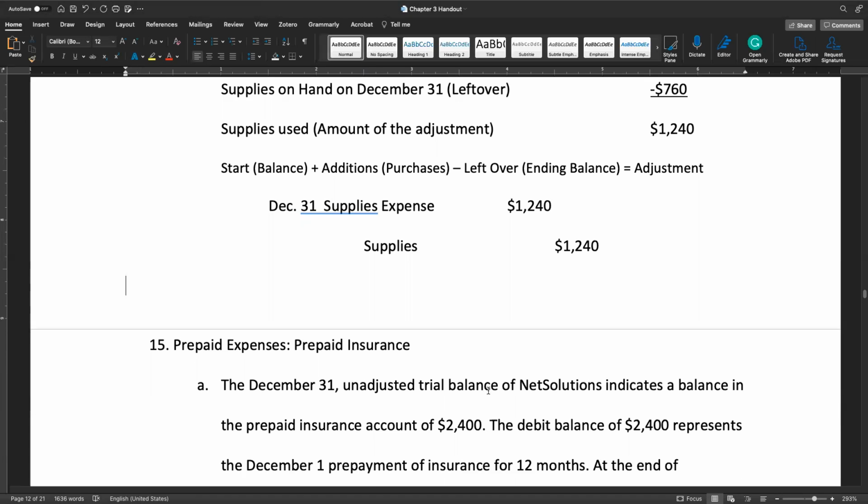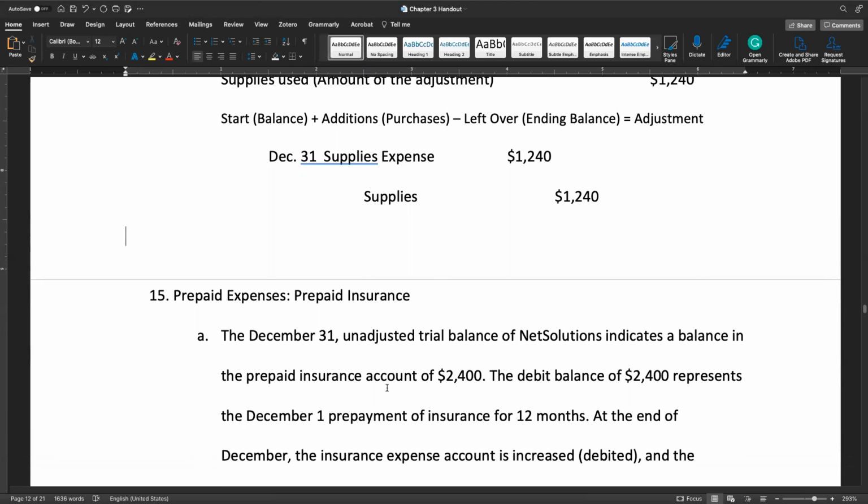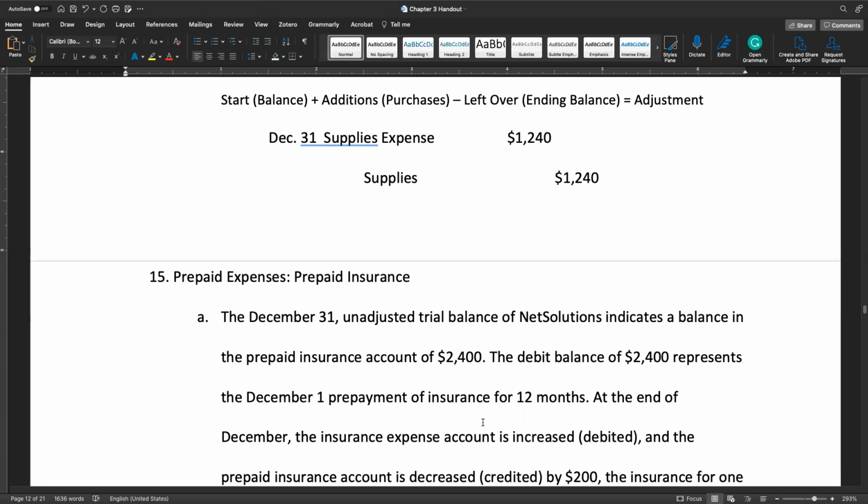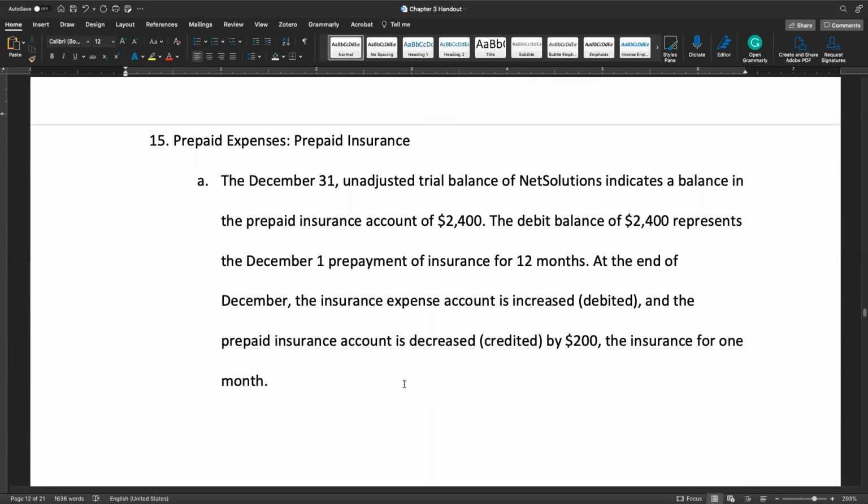Okay. The other kind of prepaid expense we could have would be prepaid insurance or prepaid rent. If we are buying insurance in advance or if we're paying for rent in advance, it's going to be pretty similar to what we just did. So we have an unadjusted trial balance for Net Solutions that shows a balance in our prepaid insurance account of $2,400.